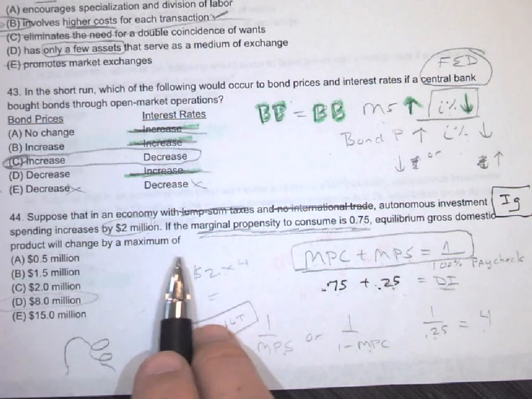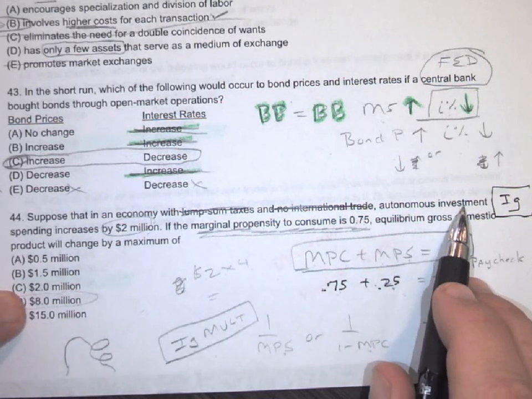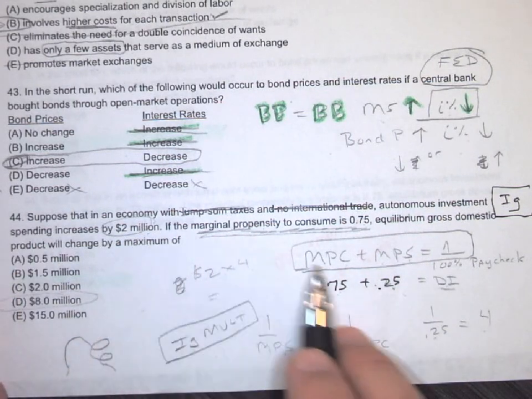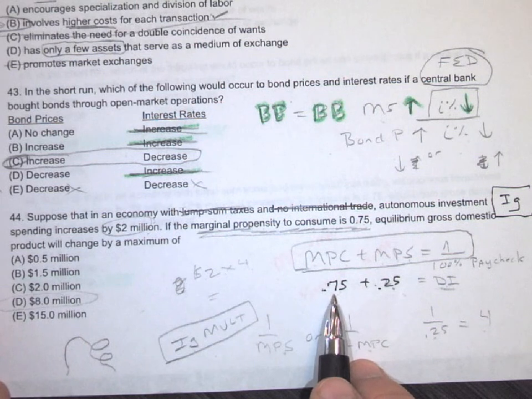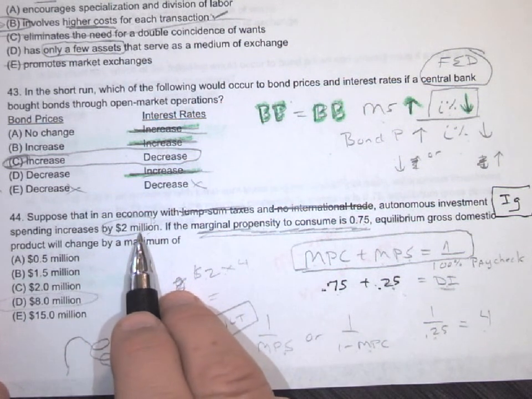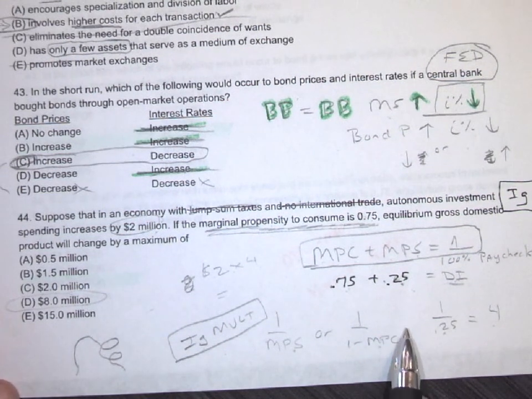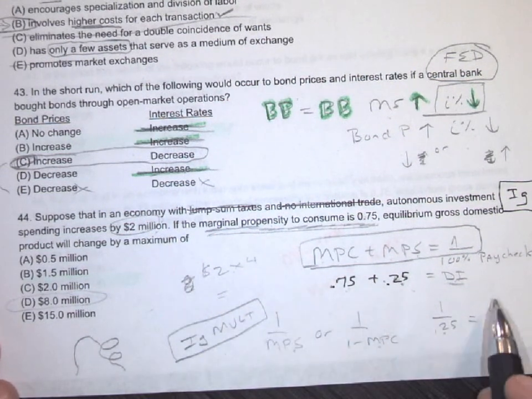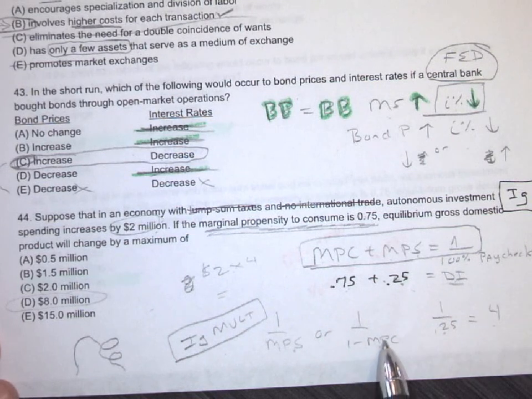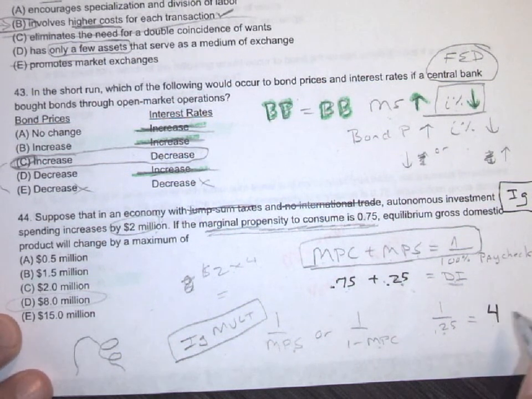So now we know if investment spending increases by $2 million and your MPC is 0.75, then 75% of that $2 million is going to get spent, isn't it? And 25% will get saved. So I take my formula. Now, how much is the multiplier going to be? So 1 over 1 minus MPC or 1 over MPS is 1 over 0.25, or we have a multiplier of 4.